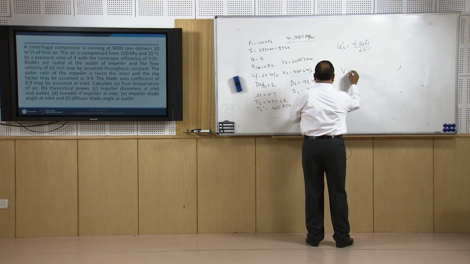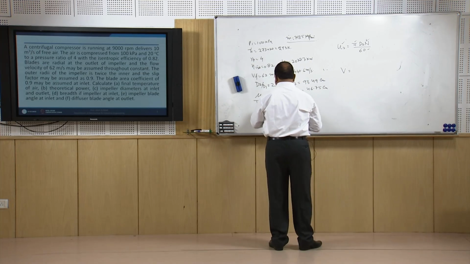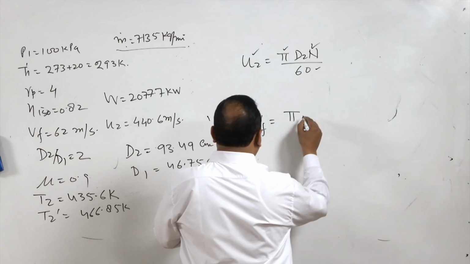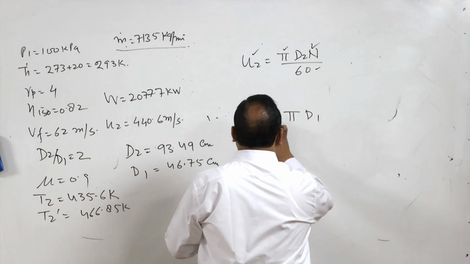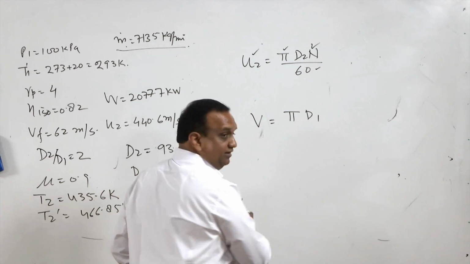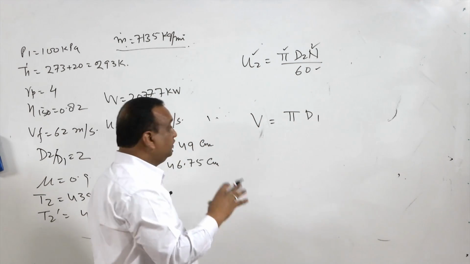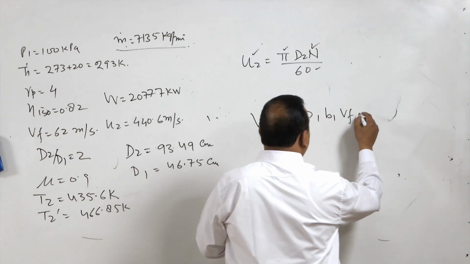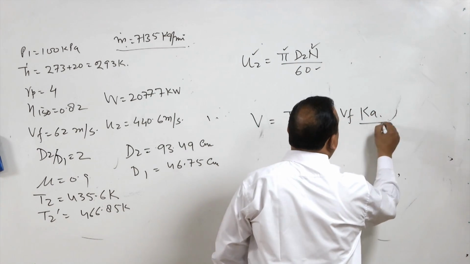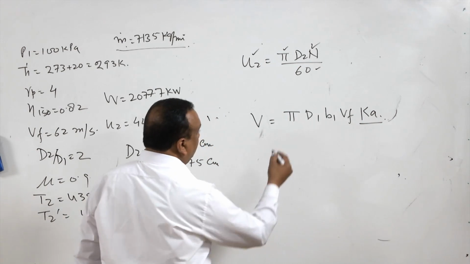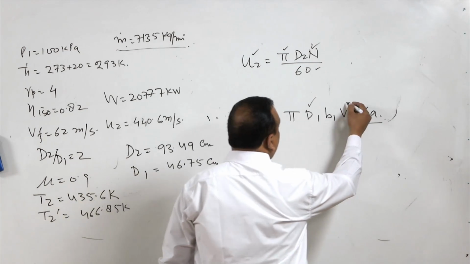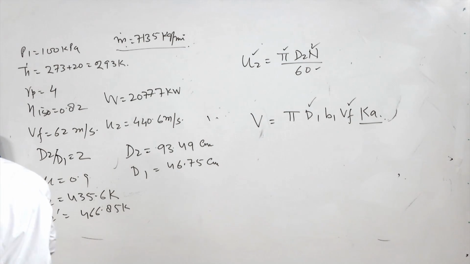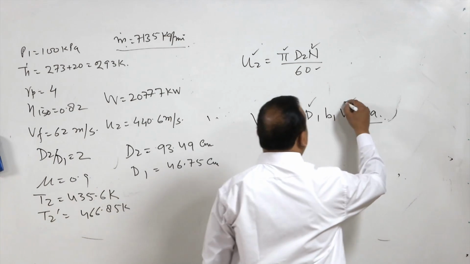Now V, the volumetric inlet, the volume of air sucked into the compressor, is pi D1 B1 times the velocity of flow, times Ka, the blade area coefficient. D1 we have already calculated. Vf is 62 meters per second.